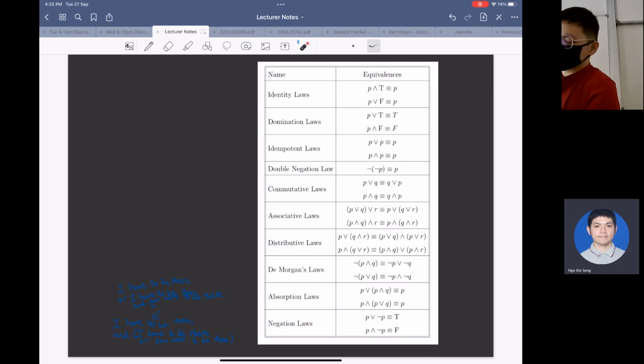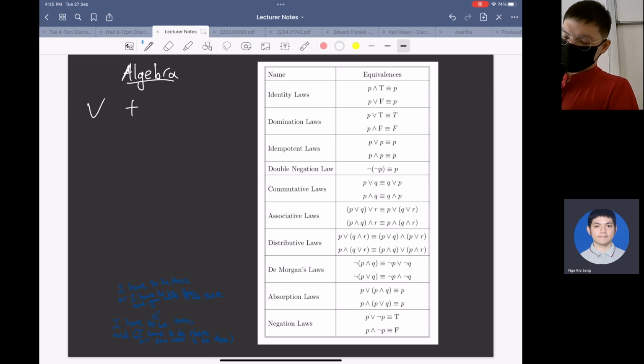Actually, these are very usual operations in algebra. If you think of the or as a plus and the and as a multiplication, in the number system you already know that.